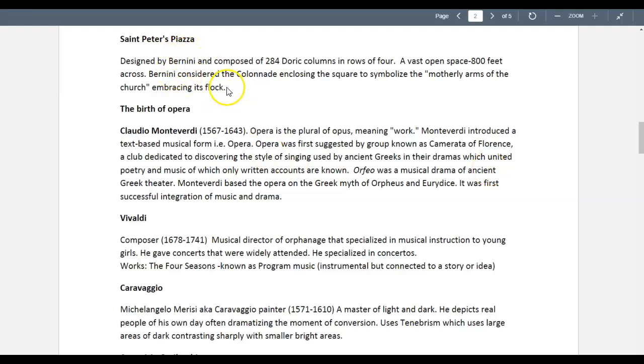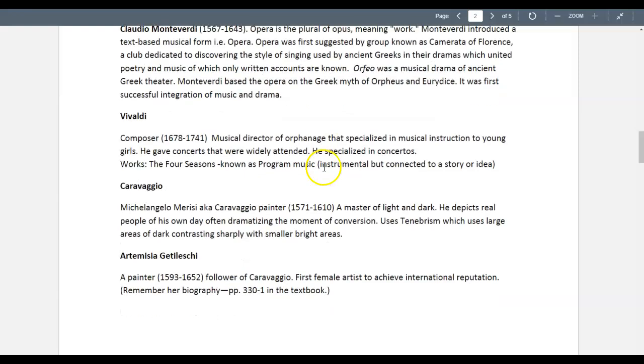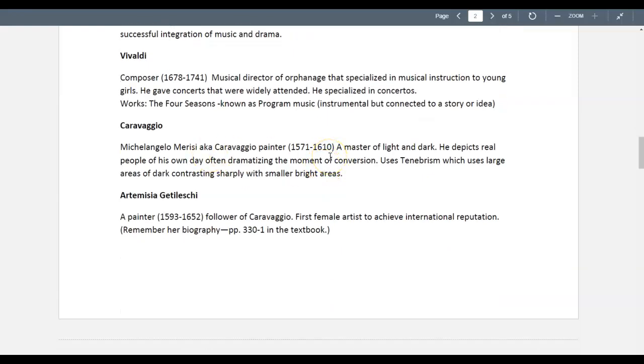Here's about St. Peter's that we were just watching. Januzak, Wally, was looking at. Just sort of give you a brief aspect. A little bit about Vivaldi here, and this idea about the Four Seasons. And again, you can listen to that. Caravaggio, as I mentioned, and again, some beautiful discussion and illustrations of his work that are done in the video series over the Baroque that Januzak does.